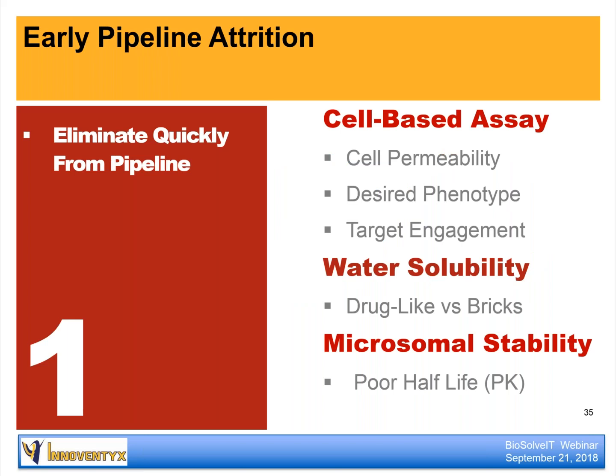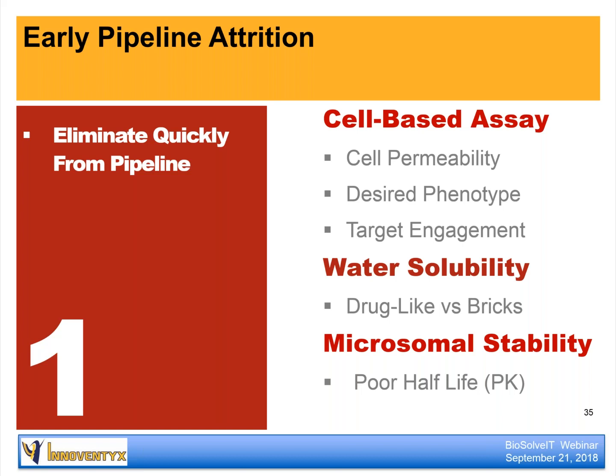Now, when we are not doing tests in the lab, you want to eliminate very quickly those that are going to give you trouble. And the way that I've done that in the past, and many of you might disagree here, is doing a cell-based assay.